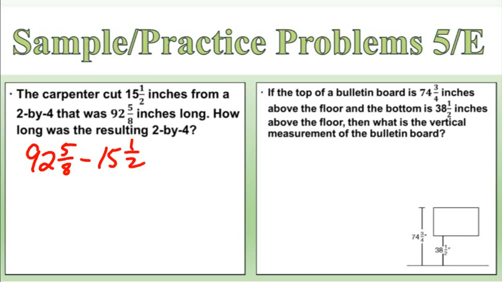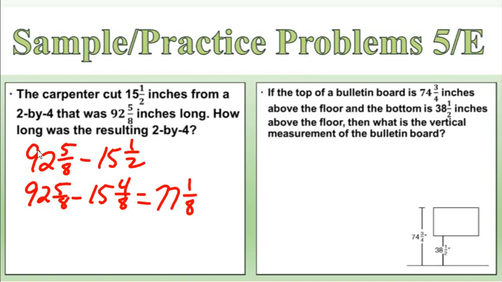So we need common denominators, so 92 5/8 minus 15 4/8. So 92 minus 15 would give us 77. 5/8 minus 4/8 would give you 1/8. That would be the resulting, what's left of the 2x4.